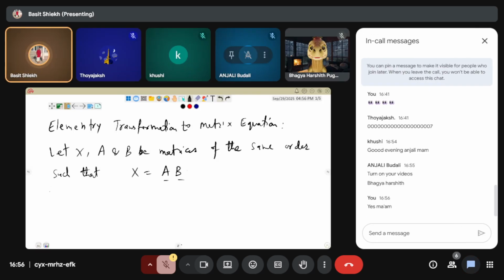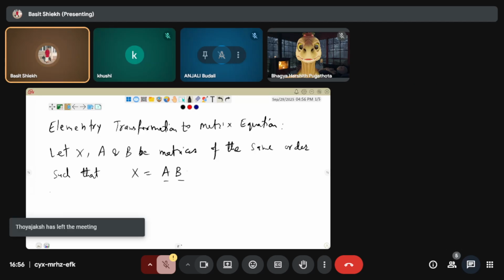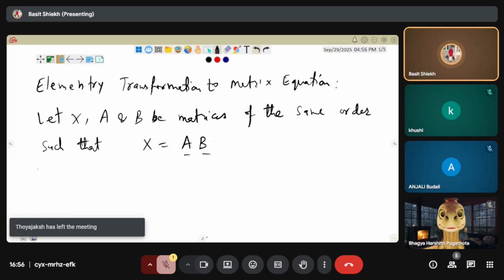If we apply row transformation first, our series will be row transformations only. If we apply column transformation, then all the transformations will be only column transformations. We will not apply row transformation. You have to keep that in mind always.